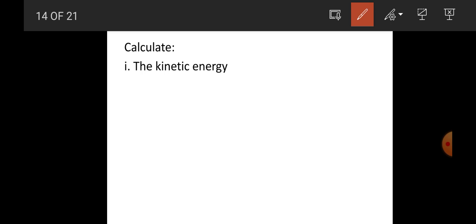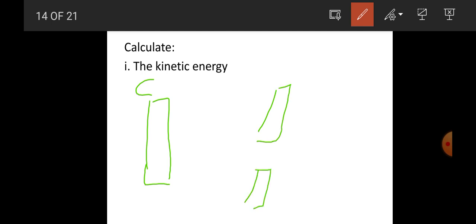First, let's say this is the cathode where electrons are emitted, and these are the anodes, and the electrons are accelerated along this direction. This is the electron beam.